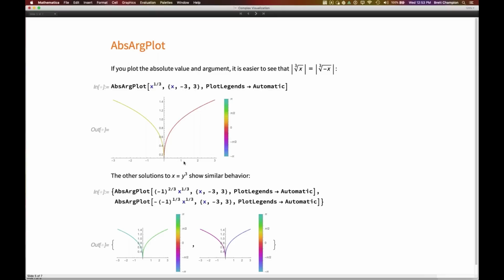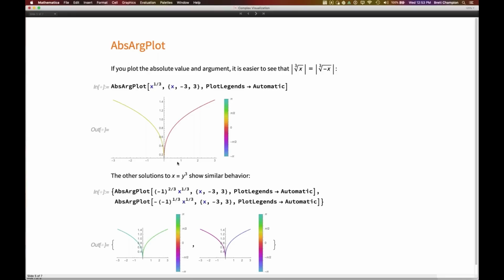And what this one shows very well is that for x to the 1/3, the absolute value of the function is the same for positive and negative values of x. The absolute value is symmetric across x equals 0.